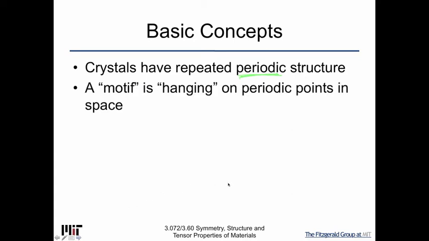The term motif is used to describe what is hanging at each of these periodic points in space. You can imagine that if I have a periodic structure, it could be the simplest one, a linear one, where I just have an array of dots. Let's draw that here.